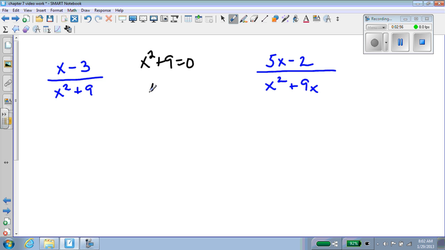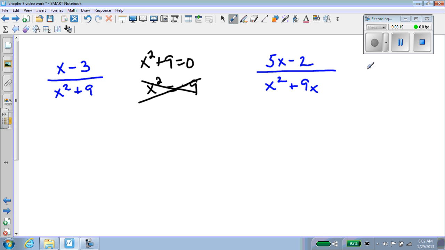If I subtract 9 from both sides, I'd be saying that something squared equals negative 9, and that never happens. When I square things, they become positive. So this denominator will never equal 0. So there are no places where this is undefined.